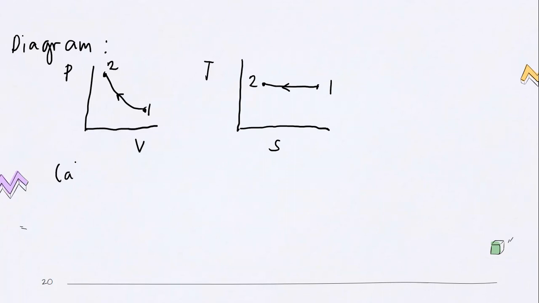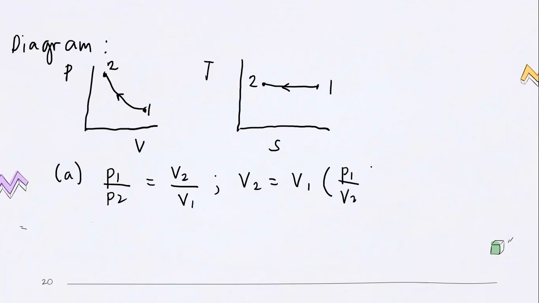For letter A, the requirement is your V2. The formula, you have P1 over P2 is equal to V2 over V1. So V2 is equal to V1 times P1 over P2.